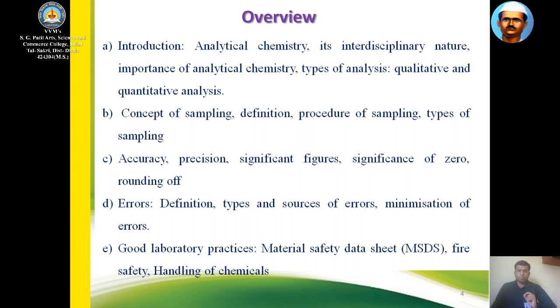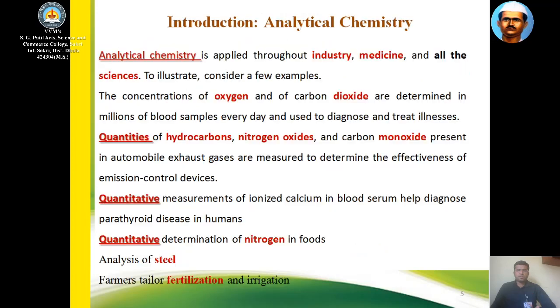Analytical chemistry is applied. Okay, it is an applied thing overall in industry, or it may be medicine, or all types of sciences where analysis is a part of any industry or any medicine.